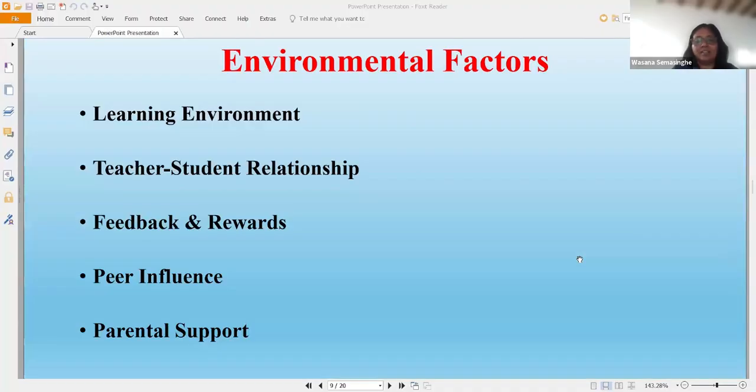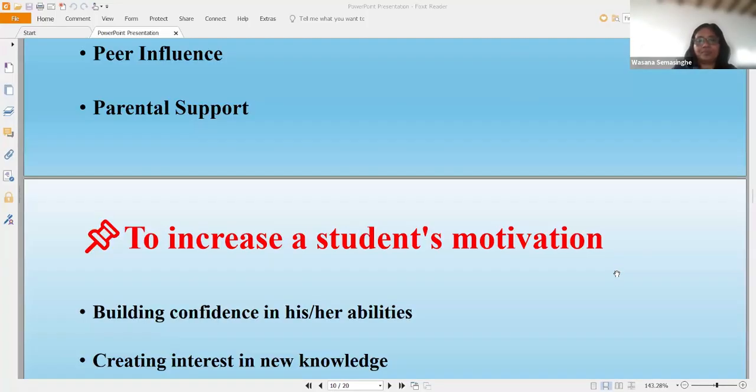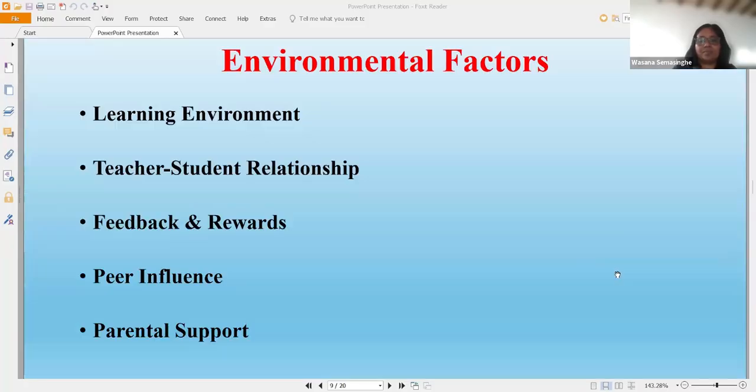Then we are going to talk about environmental factors: learning environment, teacher-student relationship, feedback and rewards, peer influence, parent support affect our learning. No need of explaining them much, I think. You can understand. A student's learning does not depend only on his intelligence or ability.